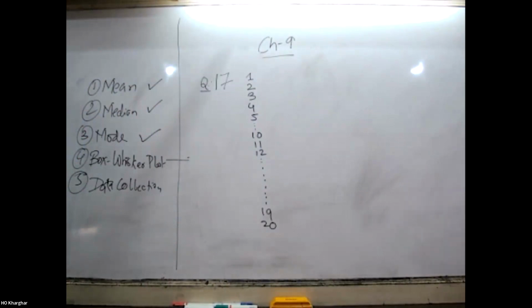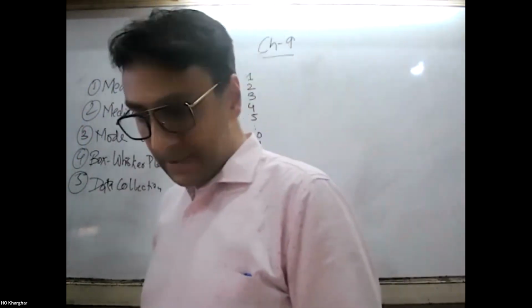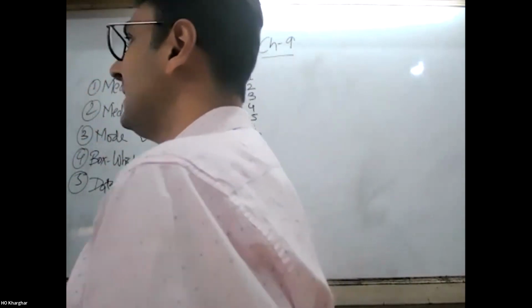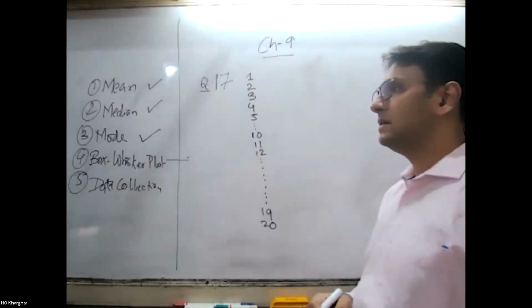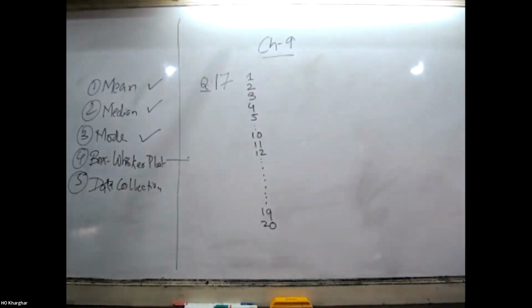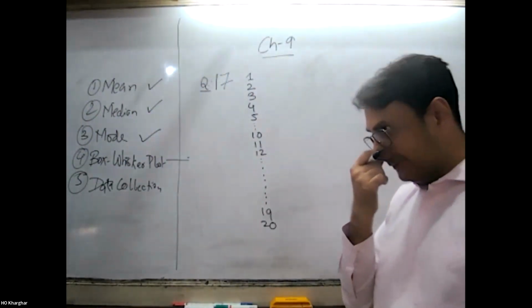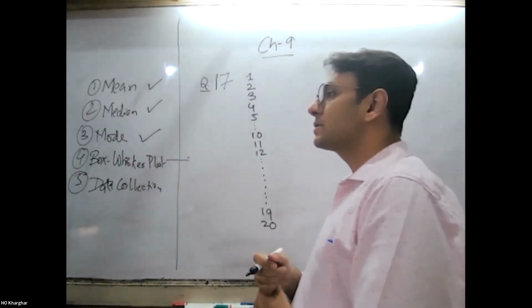I'm not getting it. Okay, let's do this together. This says an online store receives customer satisfaction ratings between 0 and 100, both inclusive.